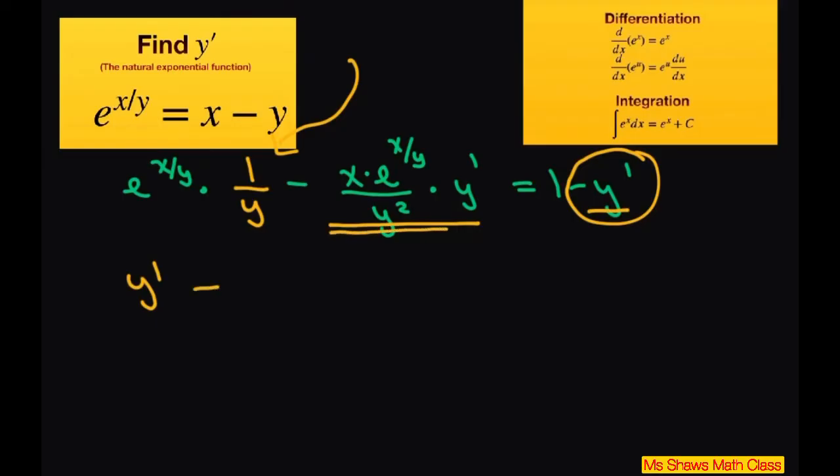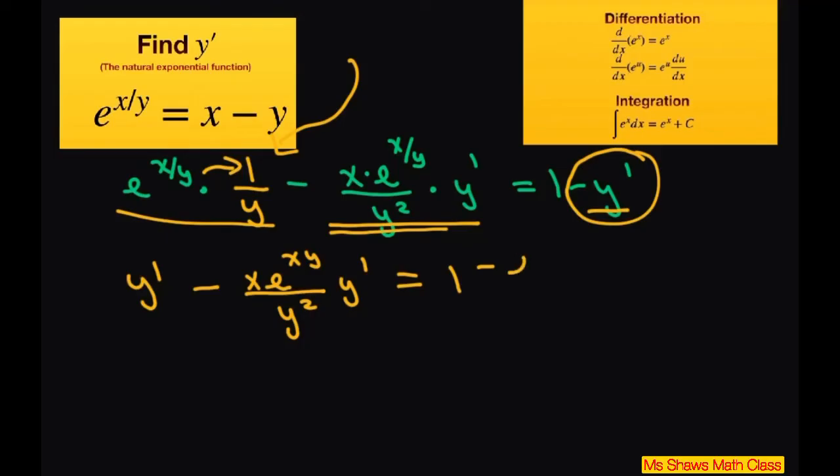So this is going to be x e to the x over y power divided by y squared, y prime equals, and then we have our 1 minus this. So this is 1 minus, go ahead and multiply those two together, e to the x over y power divided by y.